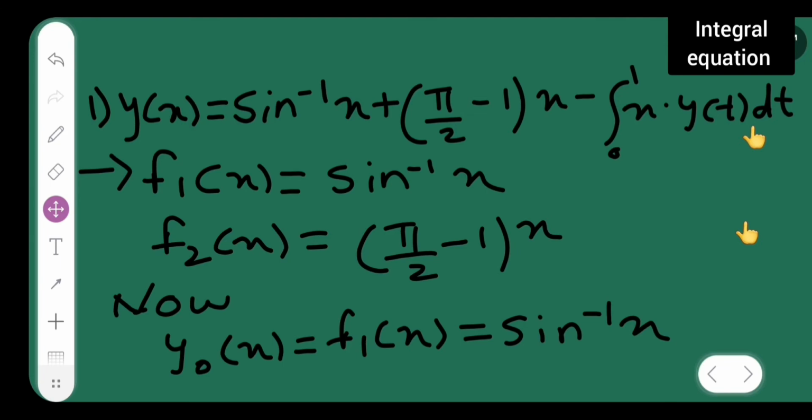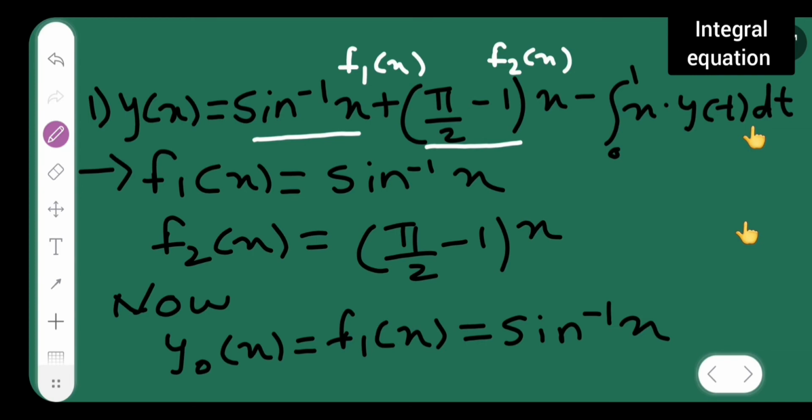Now this part is very important, and I will be explaining it now. You have to take this part as f1(x), and this part as f2(x) here.